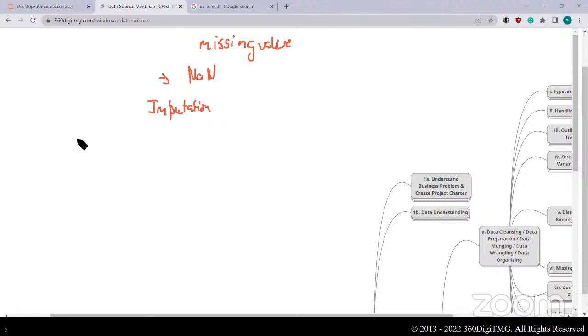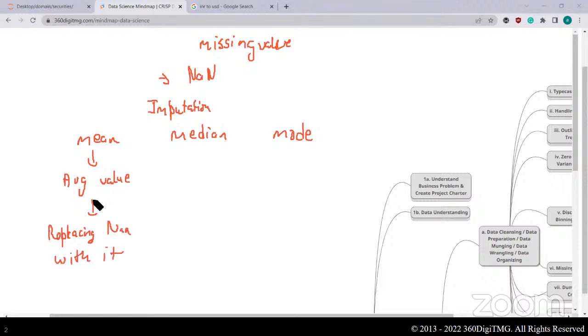Imputation can be of 3 types. You can take the mean, median, or mode. All right. So in mean, you're taking the average value within that column and you're replacing NaN with it. So simple procedure, you're simply calculating the mean and replacing the NaN values with it.